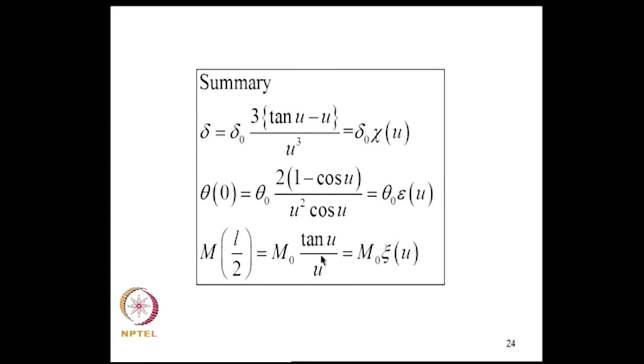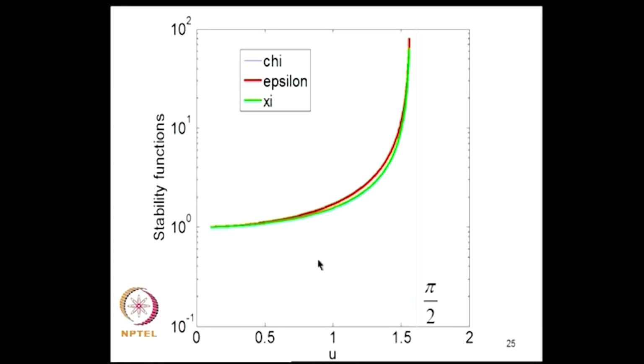How do these factors look as a function of u? If you plot u on x axis and these stability functions on y axis, the 3 functions chi, epsilon and xi are shown here. They show a similar trend, and at pi by 2 they go to infinity, and these lines are asymptotic to that, and these points go to 1 as u becomes 0. So, these are the stability functions.